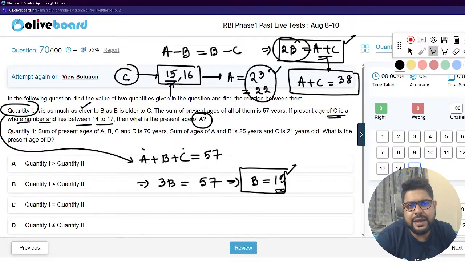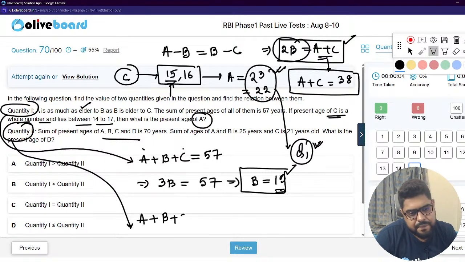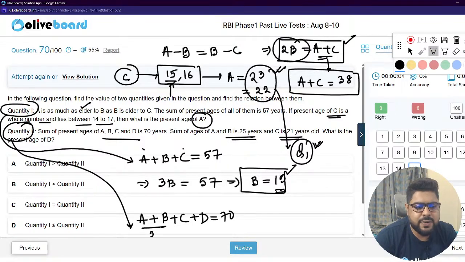So Q1 has two values. Q1 can have two values, 22 and 23. And what about quantity 2, sir? Sum of A plus B plus C plus D is 70. A plus B is 25, C is 21. What is the value of D?